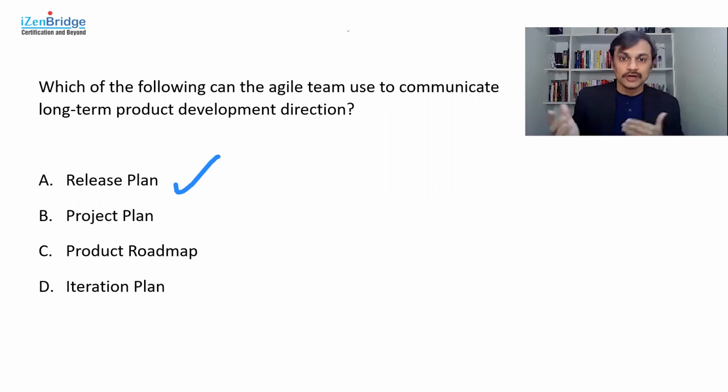It's not short because iteration plan is shorter. You can say medium term, and it is giving more details, and it's a plan rather than just showing the direction. So though it's a relevant document in case of agile ways of working, it is not necessarily meeting the keyword which I'm picking here, which is direction. It's not a direction, it's a plan. So we can get away from option A.